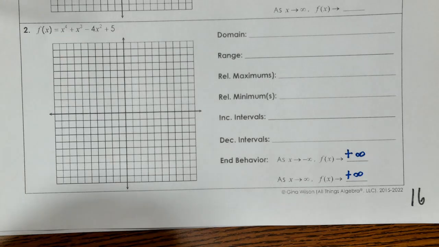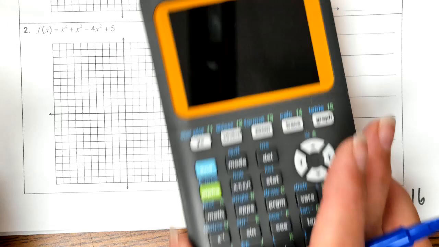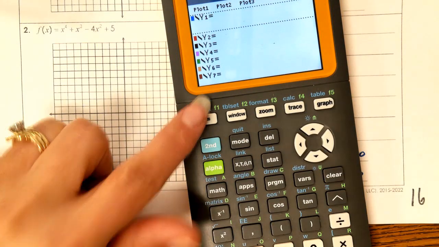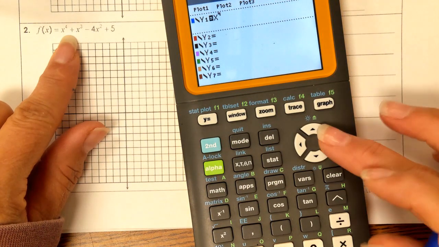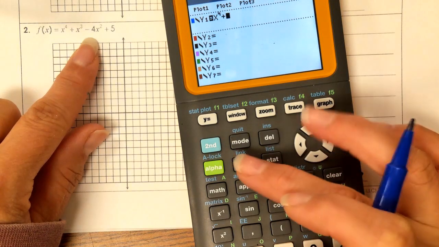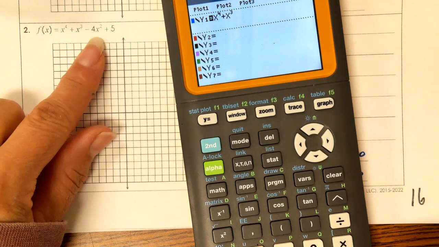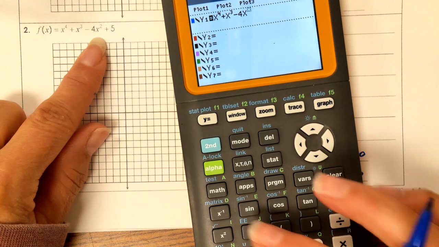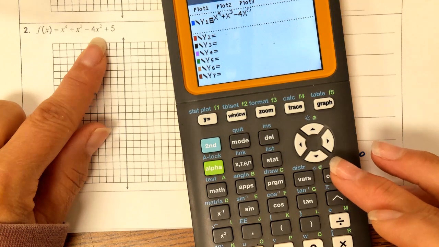Now, moving on, the next thing that I would have us do is go to our graphing calculator, in your y equals, and type in the problem. So I'm going to quickly type in... having some technical difficulties.